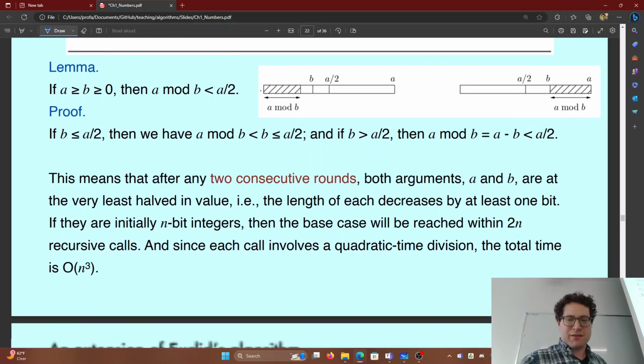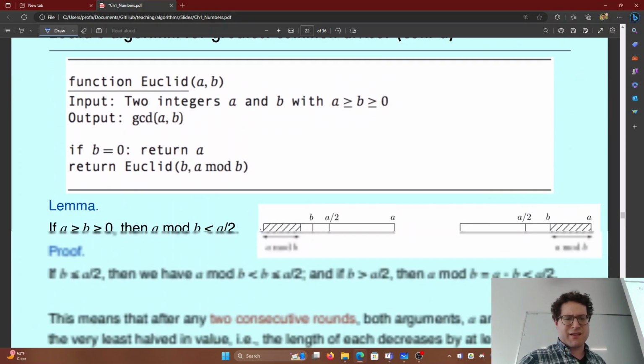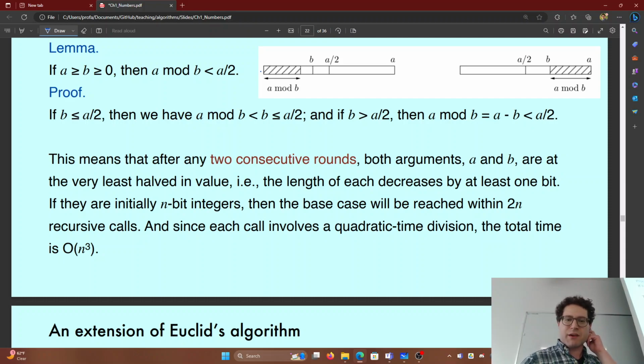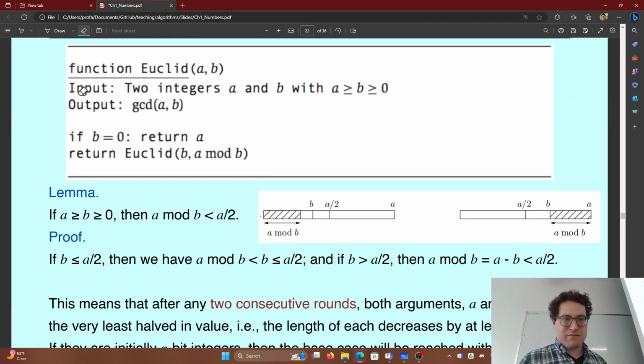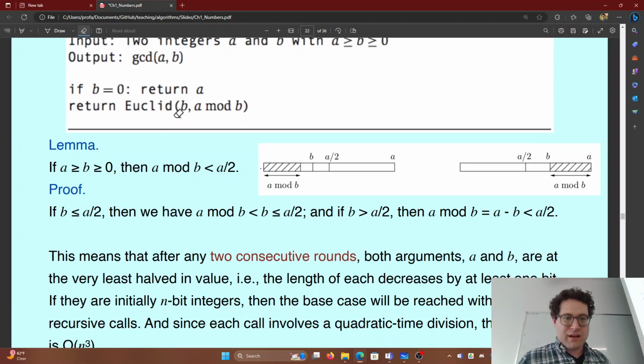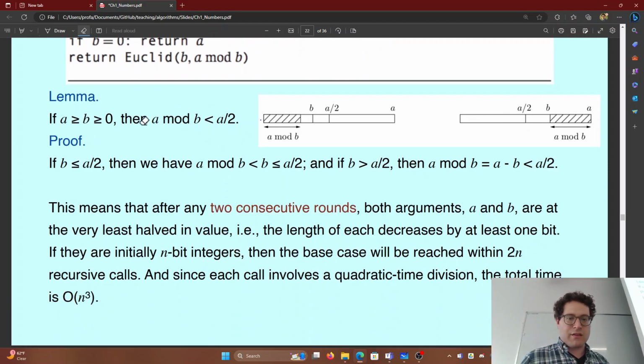Which is good because we're still dealing with bits as our input size. Since it's logarithmic, we're taking off at least 1 bit each step, which now sounds not so great. And each of those involves a quadratic time division, so we're going to be doing n cubed.